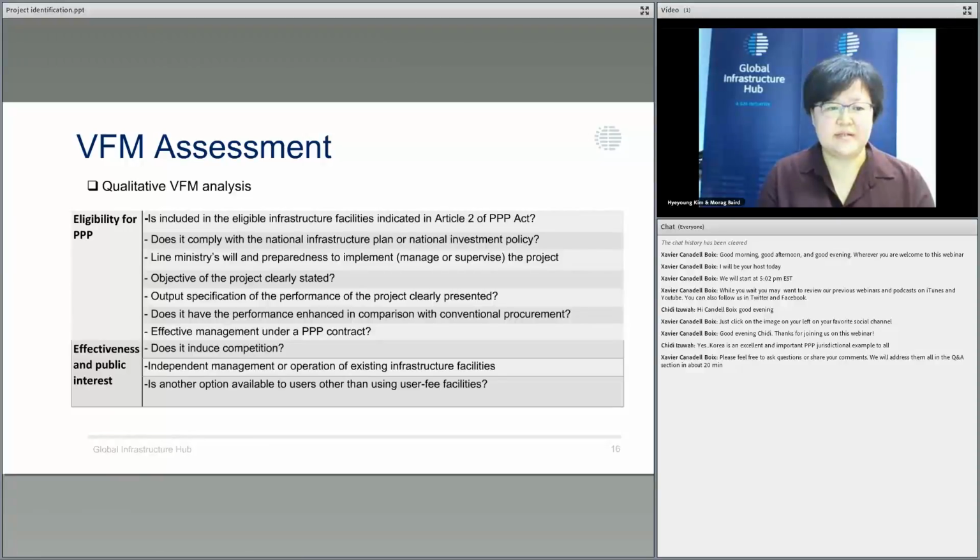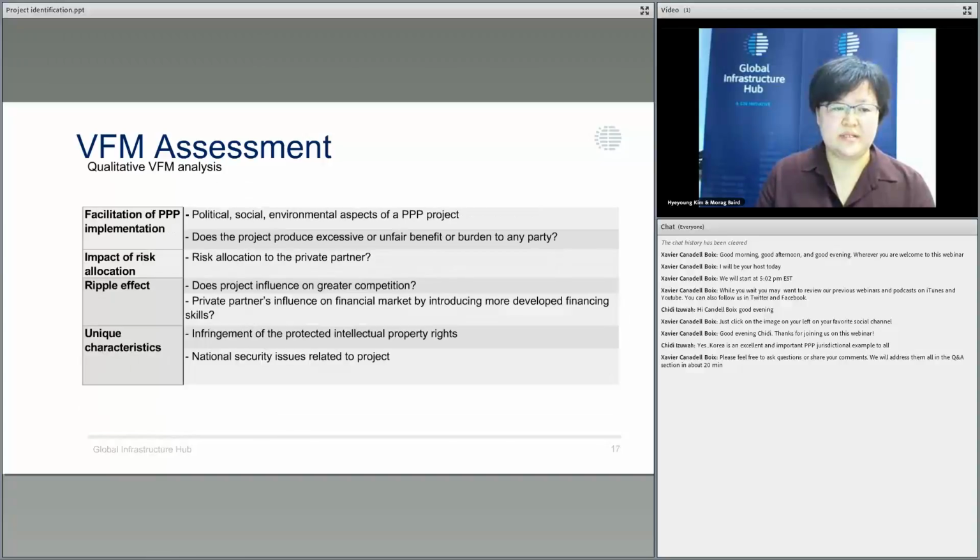And the second element is effectiveness and public interest. In this element, we see whether this project can induce competition in the market. And the third element is the facilitation of a PPP implementation.